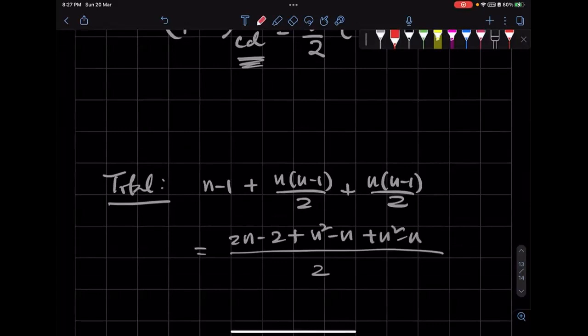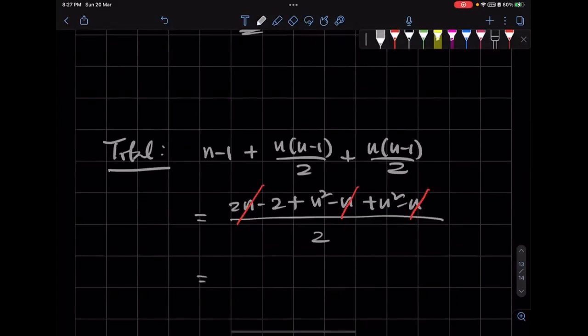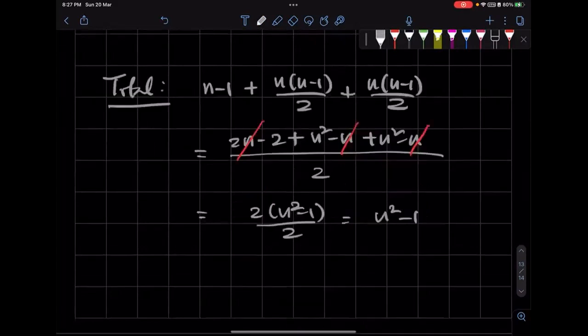So we have 2n and minus n minus n. And then we have 2n squared minus 1 by 2, n squared minus 1. So the dimension, say, of SU2 according to this formula is 3. So that means it matches our expectation.